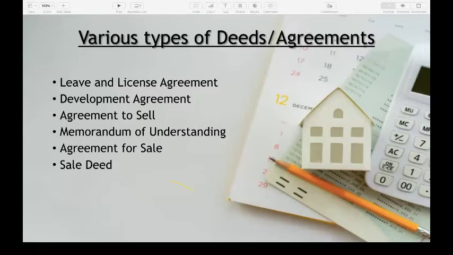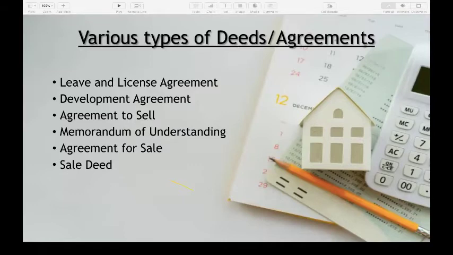An agreement to sell is the very basic document, to be very honest, on which the deed of conveyance or any deed which conveys the title of the property is drafted. To fix the terms of the understanding between the two parties, it is always advisable to have an agreement to sell in writing.